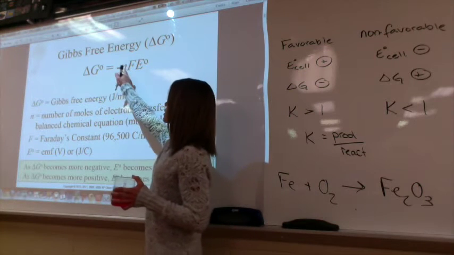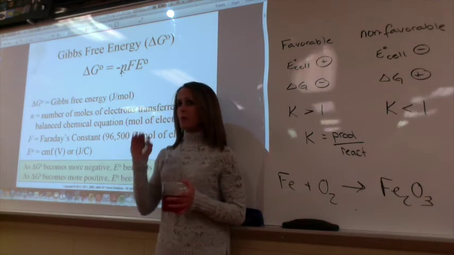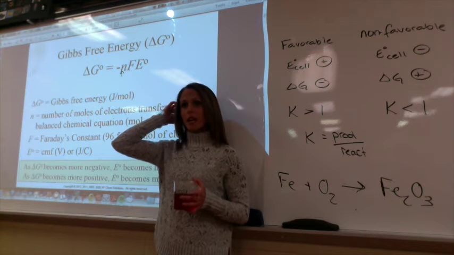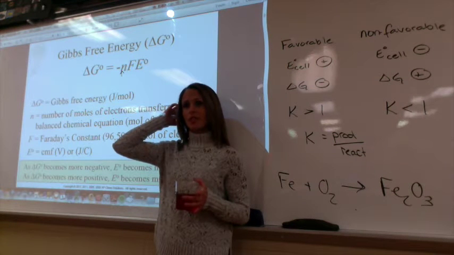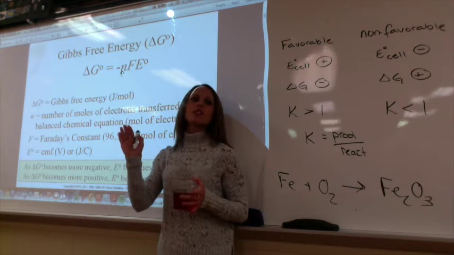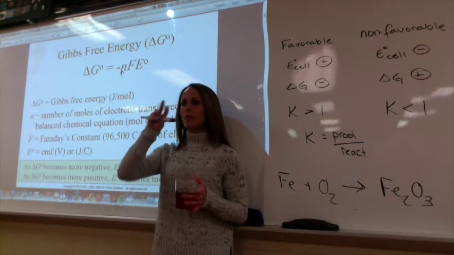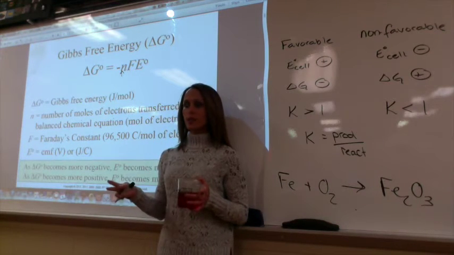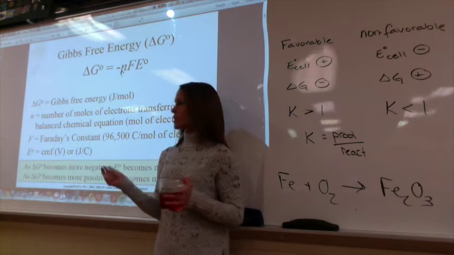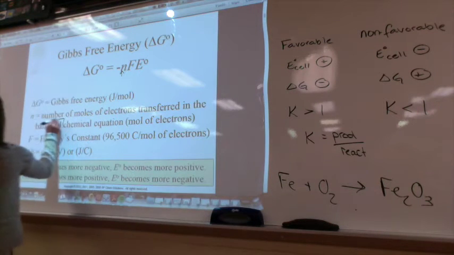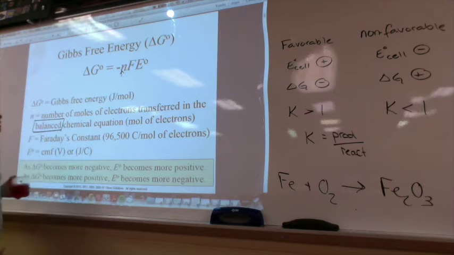The number of electrons that you're going to calculate have to come from the balanced equation and not from a half reaction. Do you understand that? Because if you use electrons from a half reaction, it might be 2 in this one and then 3 in this one. And you might choose incorrectly. So you have to underline this word, balanced chemical equation.